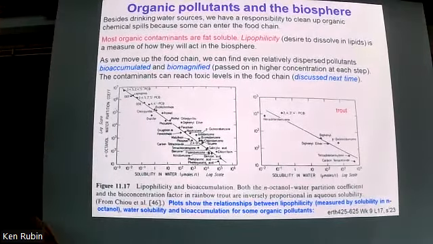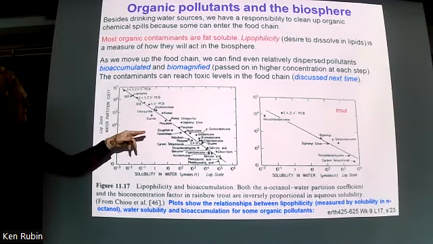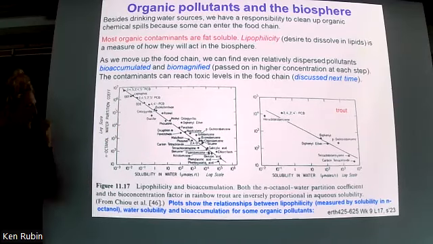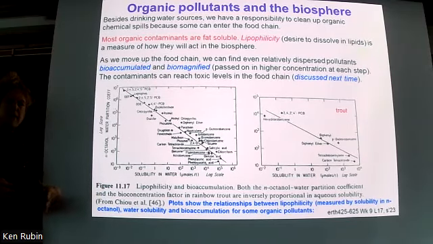So we want to categorize chemicals on how much impact they have in the subsurface on the basis of things like how soluble and reactive and volatile they are. But another really important aspect of chemical toxicity for organic chemicals is what we call the lipophilicity. The lipophilicity is how much does that chemical want to dissolve in fat.